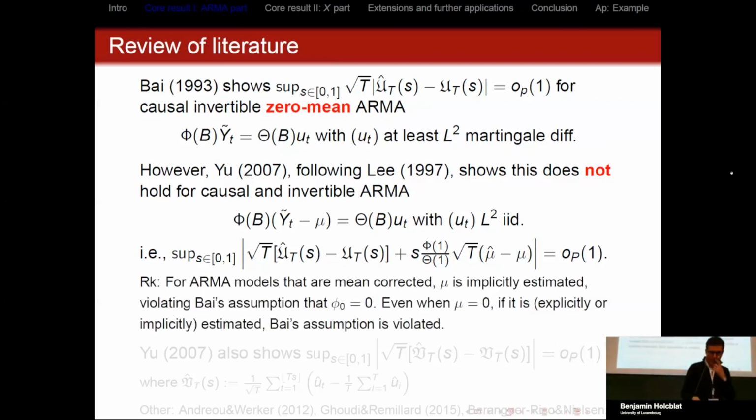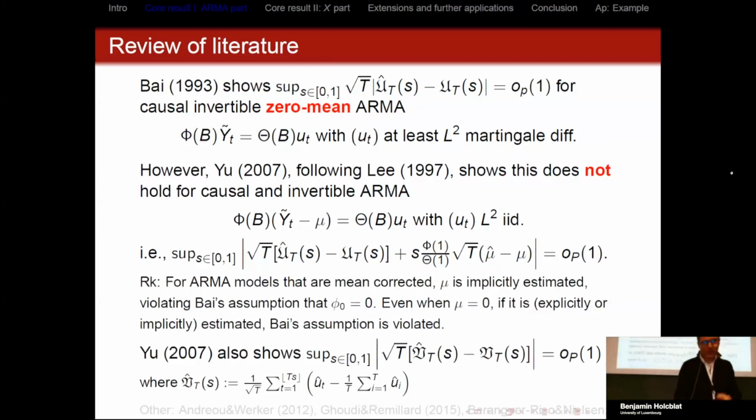And actually, you showed that in this case, under a stronger assumption than ours, you can apply a simple transformation, and just average-correct the residual to get rid of this asymptotic gap between the residual and the errors.